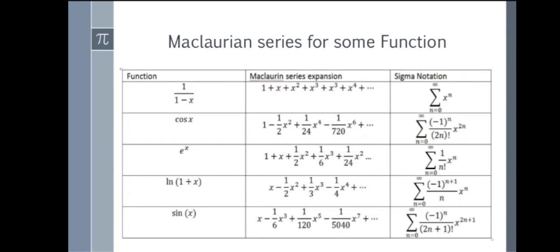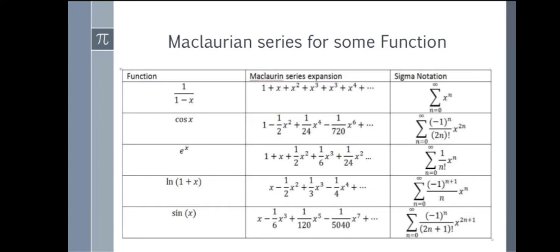Sigma notation is sigma n from 0 to infinity minus 1 whole power n by 2n factorial into x power 2n. Function e power x. Maclaurin series expansion 1 plus x plus 1 by 2 into x square plus 1 by 6 into x cube plus 1 by 24 into x power 4 plus so on.